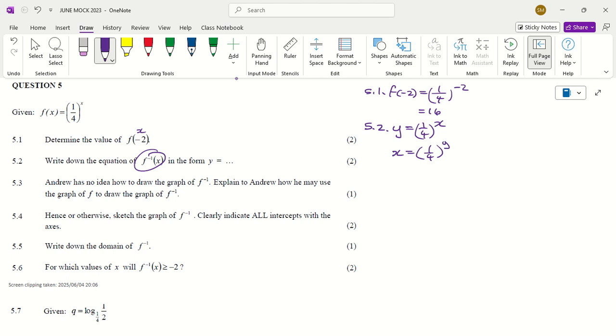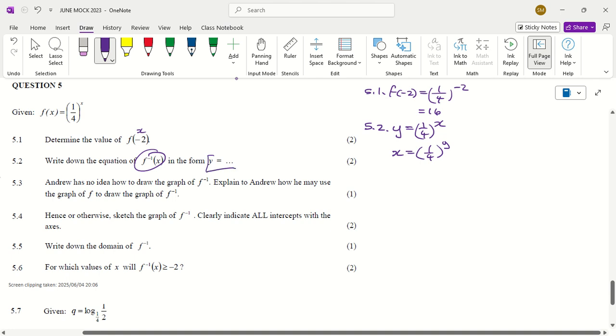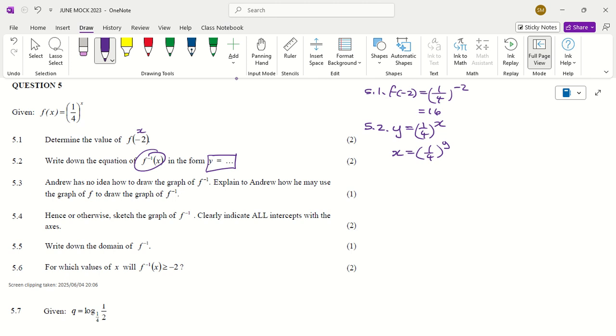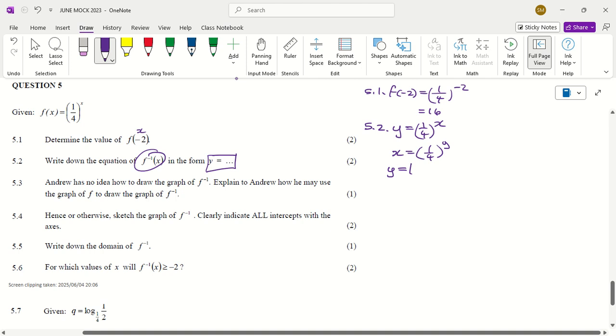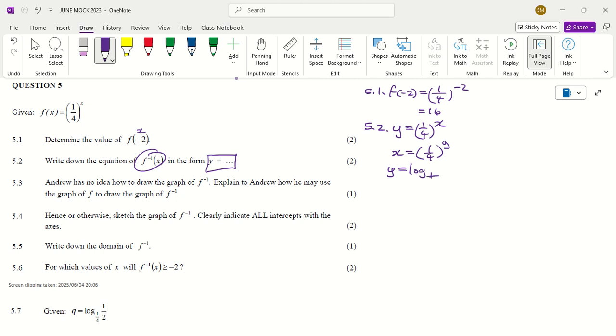Then the only way we can make y the subject of the formula, because the question says that we need to write it in the form y is equal to, so we need to use logs. Then y is equal to the log of the base, which is 1 over 4, and then we have x here. So that's how we write the equation.